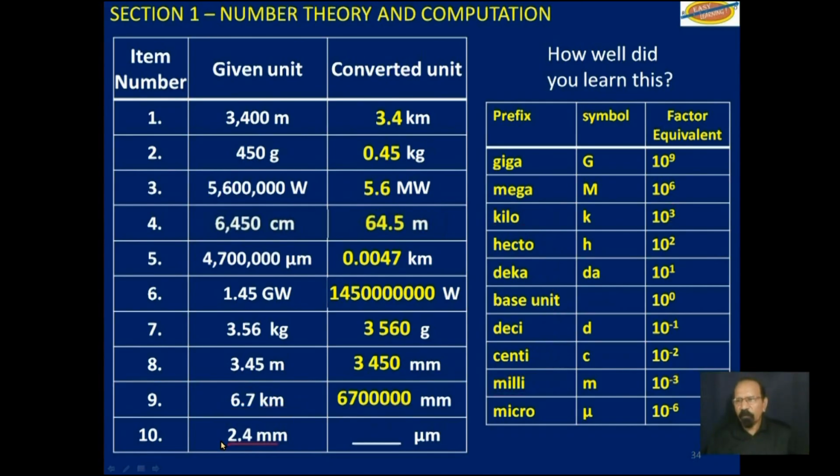Finally, 2.4 millimeters to micrometer. So let's see where we are. We are at millimeters and we're going to micrometers. There's a difference here of negative 3 minus negative 6, and that would give you 3.